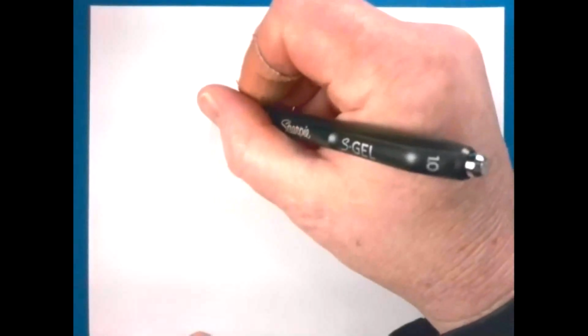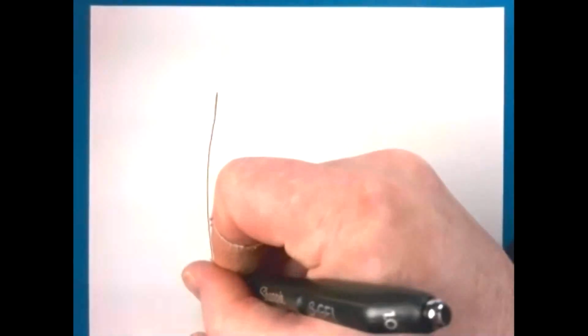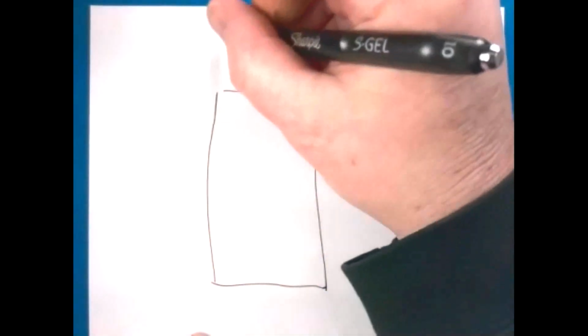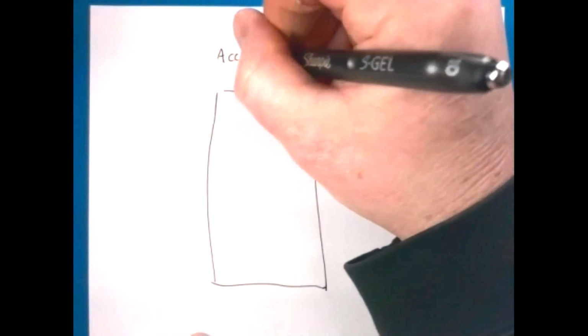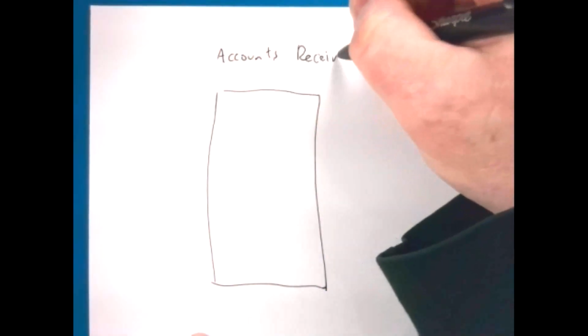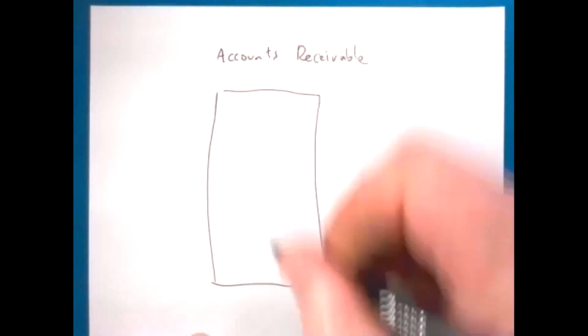I'll use our example here as 5,000. It's sort of like this. On this page, I think we have accounts receivable, and the value is 5,000.